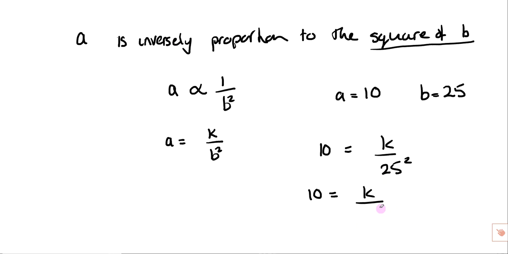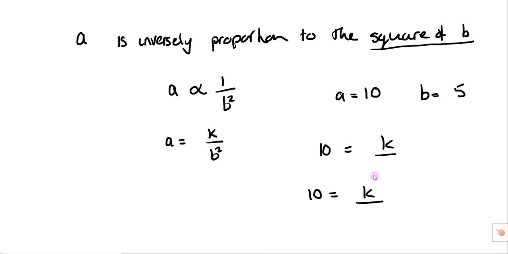I don't know what it is. 425? Wait, what, wouldn't it just be 25 squared? B is 5. Oh, you said 10 and 5. Okay, alright. That's different.